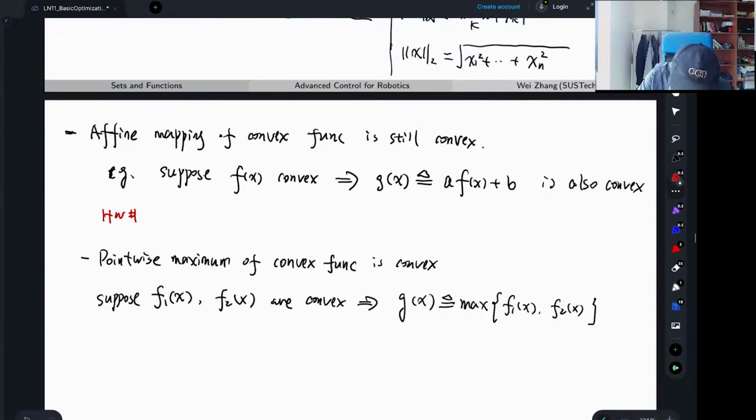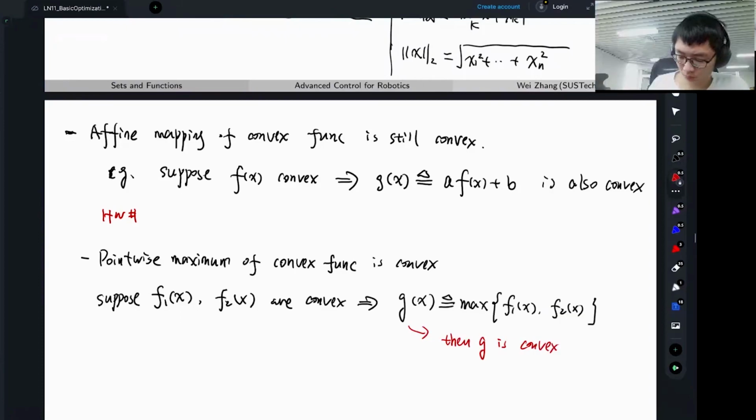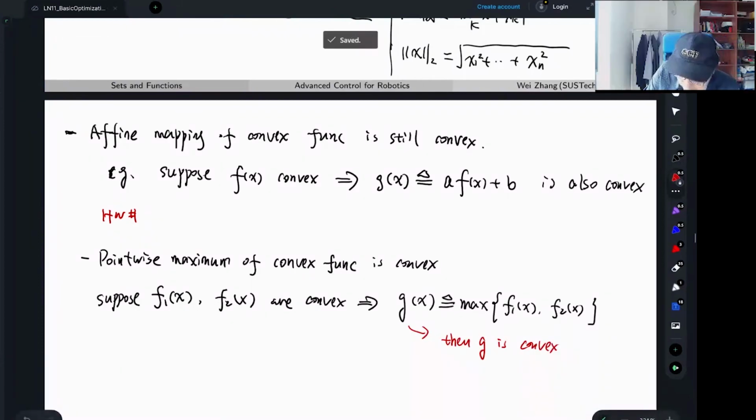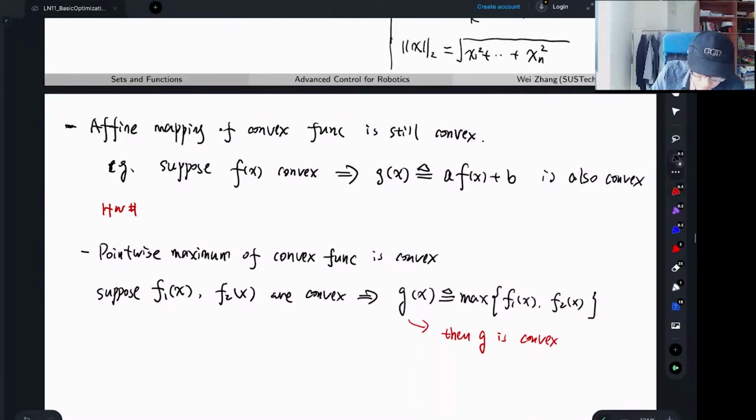Then this g is convex. I may ask you to prove this in the homework, depending on whether I find other more important problems.